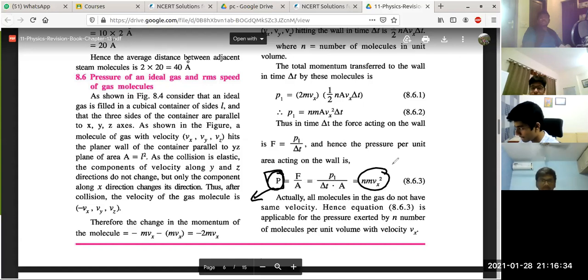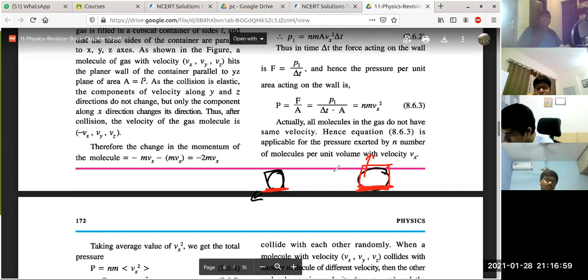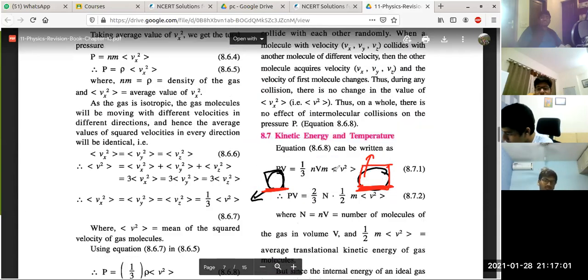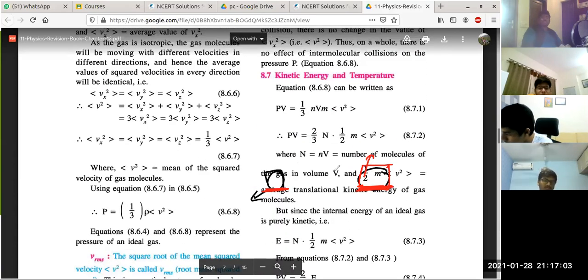But everything on the right, N m Vx square: N is the number of molecules per unit volume, m is the mass of a molecule and Vx is the x velocity of a molecule. These are microscopic quantities. So what we have done is related the macroscopic to the microscopic. The left is macro, the right is micro. We have made the relation, a direct correlation. Now, if you see this equation, what is in it?